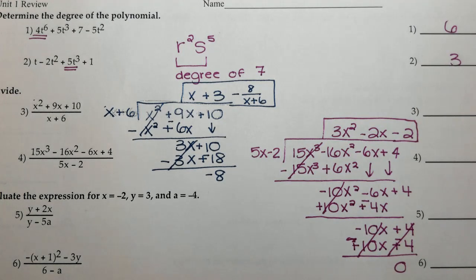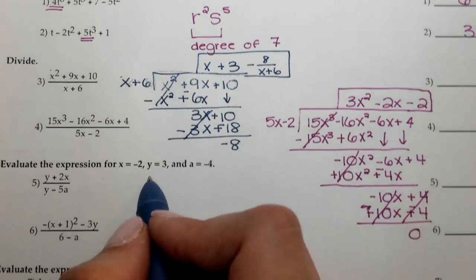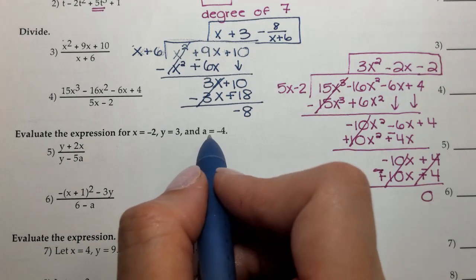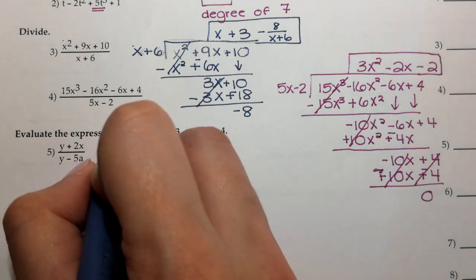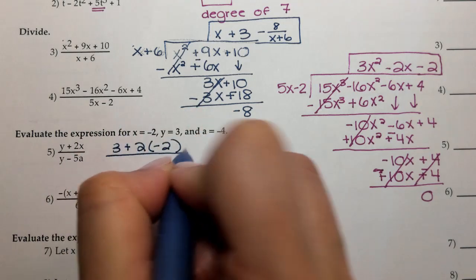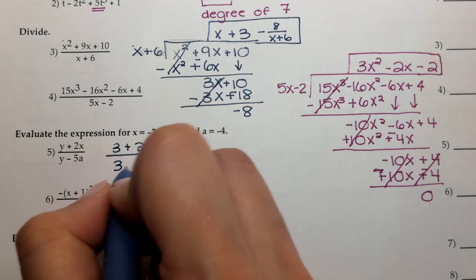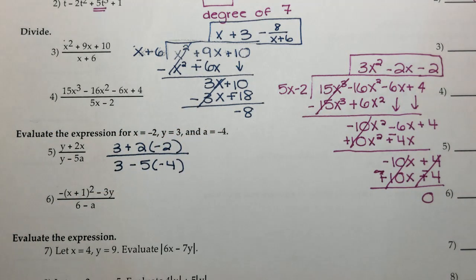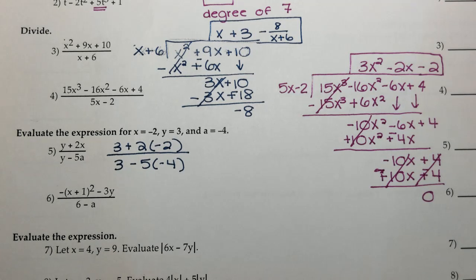For this next one, you are going to replace each of your values. So x equals negative 2, y equals 3, and a equals negative 4. So instead of y, you have 3 plus 2 times negative 2 over, instead of y, we have 3 minus 5 times negative 4. Make sure you're using your order of operations.